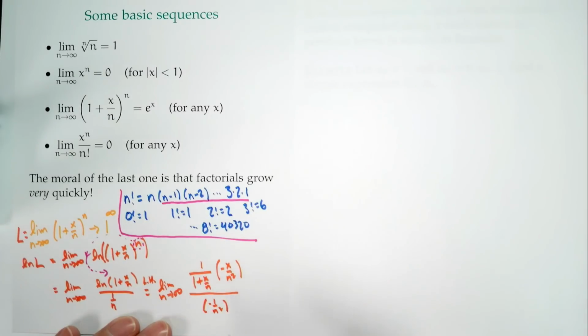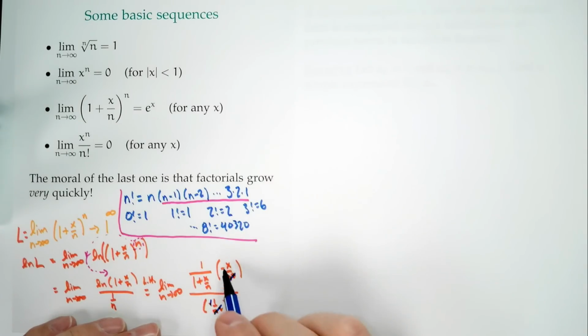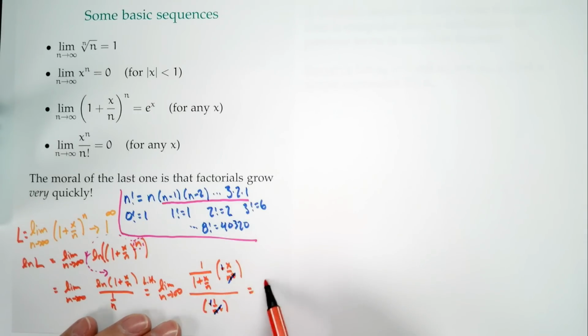And lo and behold, we see nice things happen because we've lived a good life. So nice things should happen. The n squareds cancel. The minuses cancel. And now what happens? Well, downstairs there's nothing left. So what happens upstairs? Well, you have an x, all right. There's a 1. And then you have 1 plus x over a huge number.